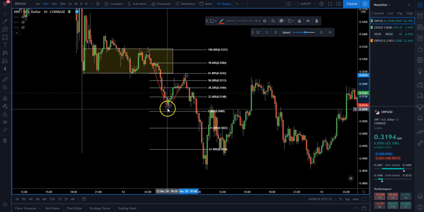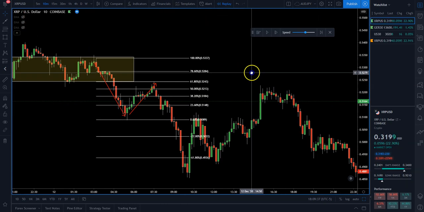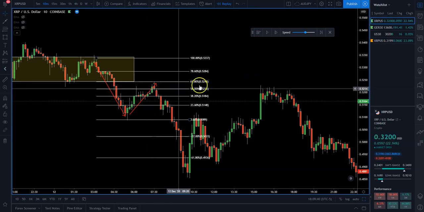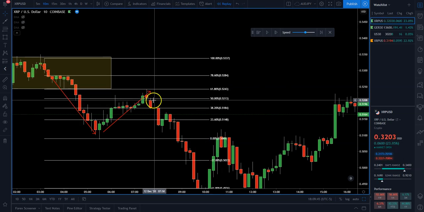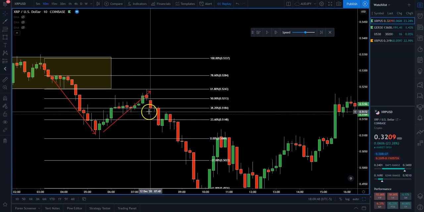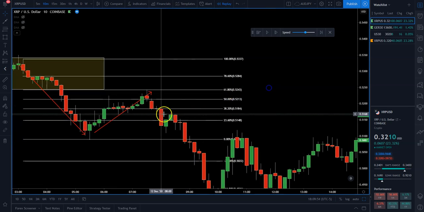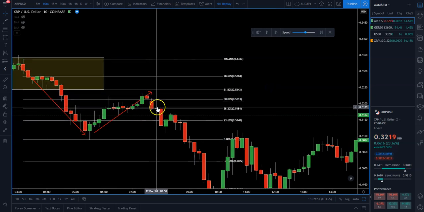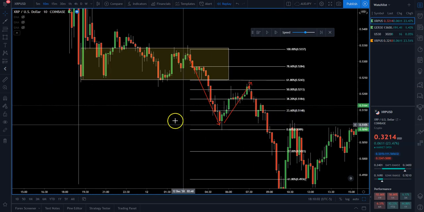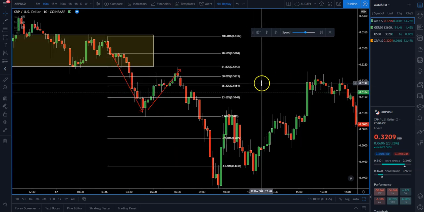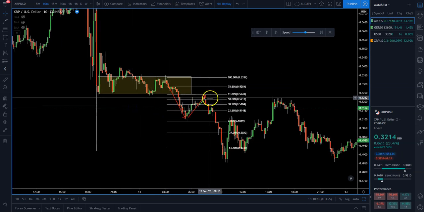So impulse, rejection, retracement, and on the retracement, wherever we see a reaction, this is a reaction, a doji, and a candlestick below the previous candlestick. So it broke that doji, and that was a signal that the trend was gonna continue. I want you guys to keep practicing this, because this is a very useful way to enter trades.